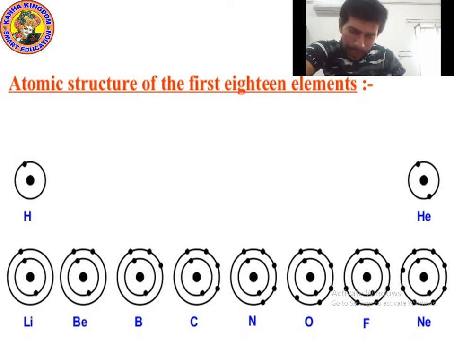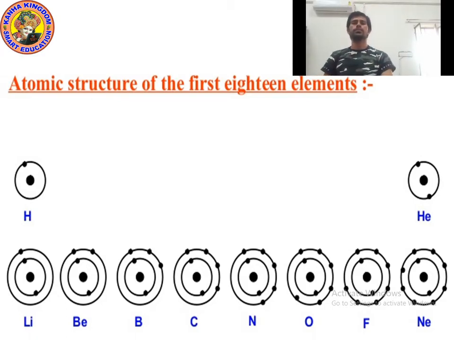Now 2 electrons are remaining, because we cannot fill more than 2 in the first circle, but in the next circle we can fill a maximum of 8. So the remaining 2 electrons we will fill in the next circle, and we will draw 2 black dots there.